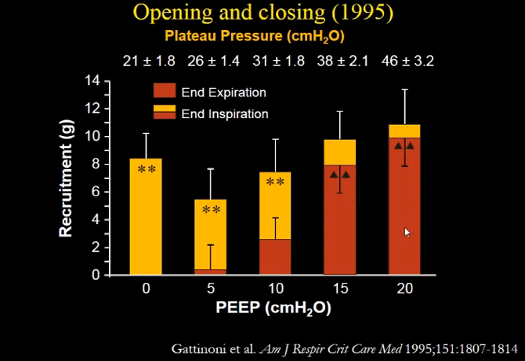If you want everything red, that means everything open, you have to use 25 of PEEP. The CT doesn't tell you what is right or what is wrong. It tells you, look, if you want an open lung, you need 25 of PEEP. Great. Unfortunately, 25 of PEEP corresponds more or less to the total lung capacity.